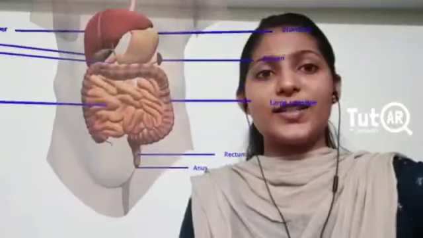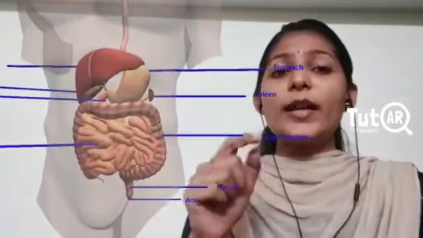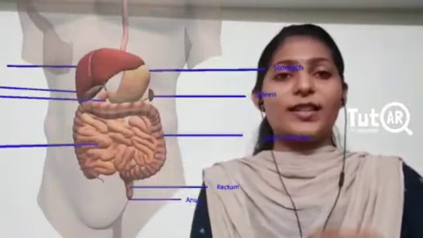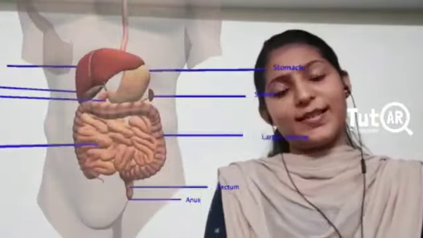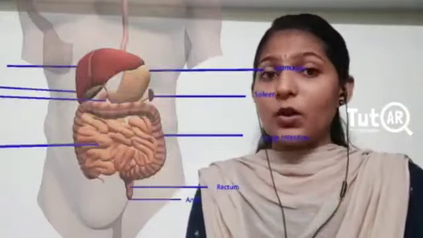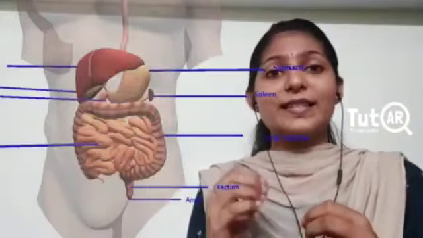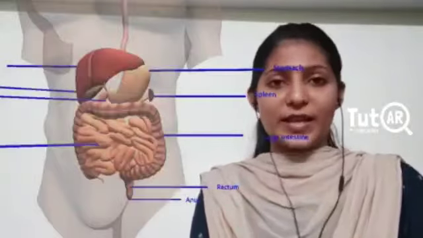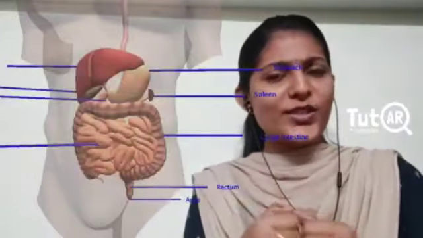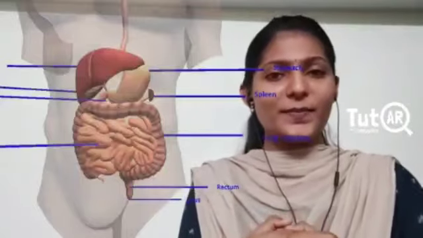So here you see the stomach. It is the second place where digestion starts, or the digestion of proteins starts. The stomach has a lining wall, and it also has glands, the gastric glands, which secrete some enzymes as well as an acid. Do you know which acid is produced in your stomach?